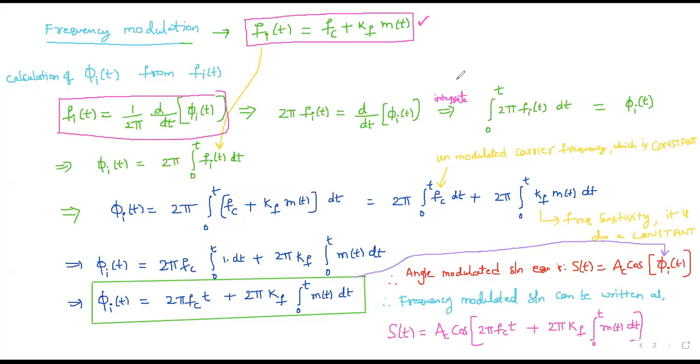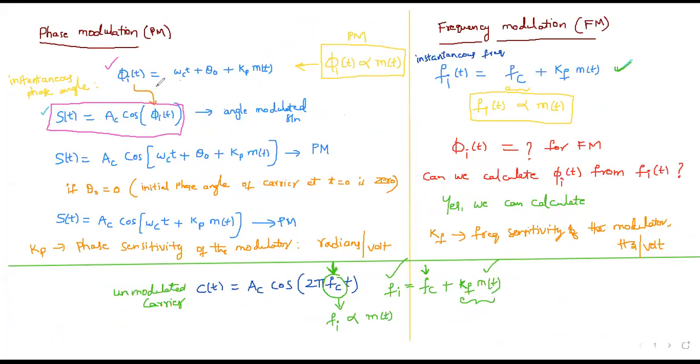Phi I of t is the instantaneous phase angle of the FM signal, whereas in the previous case, this was the instantaneous phase angle of the PM signal. So that was for the PM signal, and what we are seeing just now, the derivation, is for the FM signal.